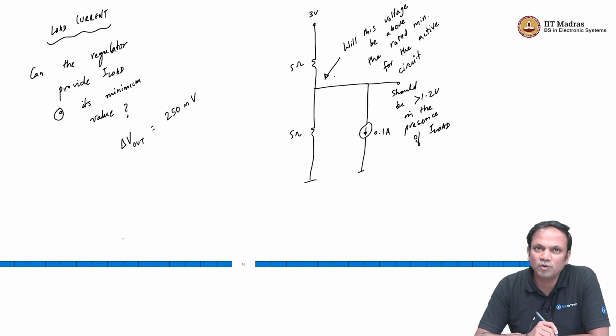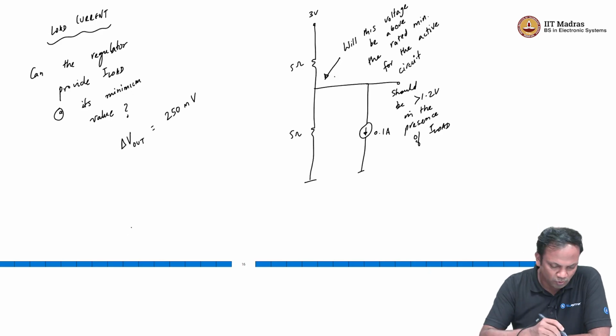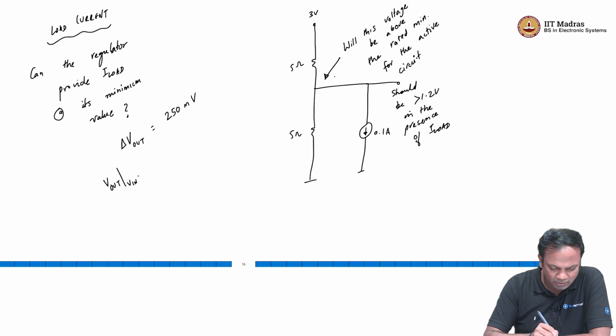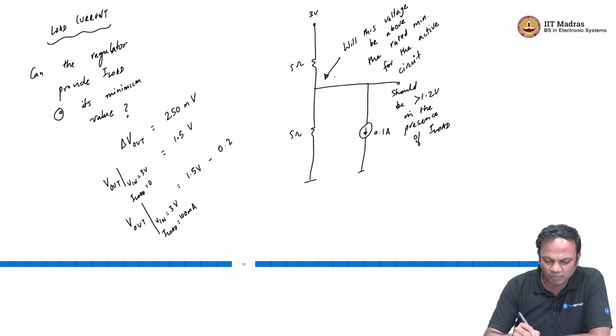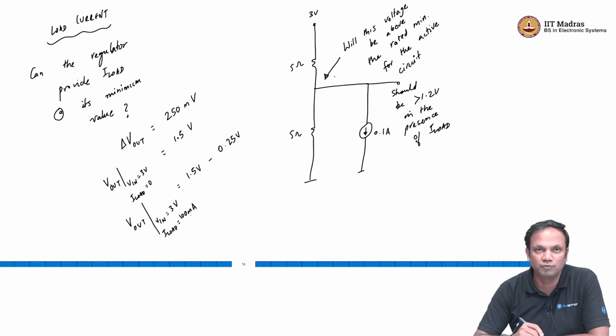When the input voltage is at its minimum and there is load current, so V out when V in equals 3 volt, I load equals 0, is 1.5 volt, which means that V out when V in equals 3 volt and I load equals 100 milliamp will be 1.5 volt minus 250 millivolt. 250 millivolt I can write as 0.25 volt.